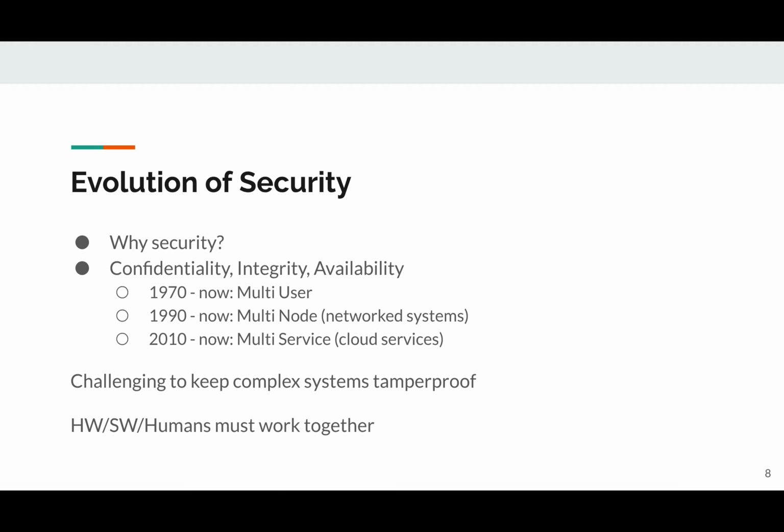At least you don't want that most of the time. Maybe in some cases you would, but most of the time that is not desirable. So we started having this multi-node idea of securing systems. Like, we need to secure our node against other nodes.